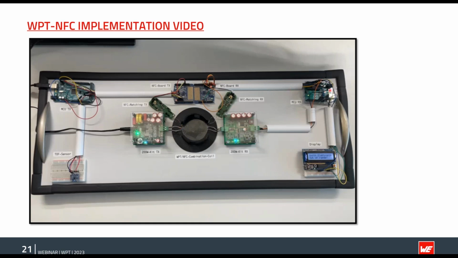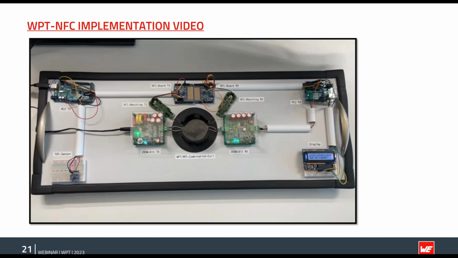On the right side is then the microcontroller for the receiver, and you notice that there is no power cable powering up the microcontroller on the receiver side. The load of the receiver from the 200-watt kit is also connected to the NFC target side, and here is the display board from Adafruit as well, and this is also powered up from the wireless power transfer that is coming out of this kit.